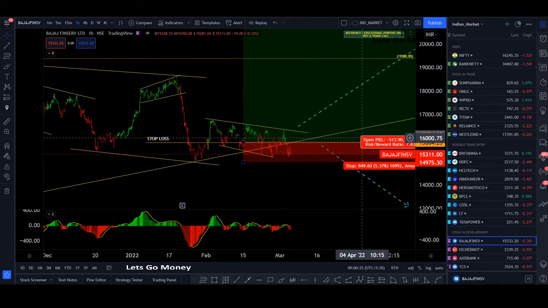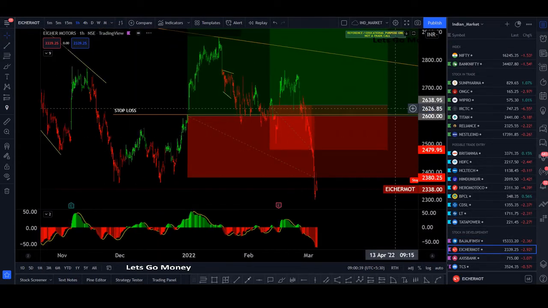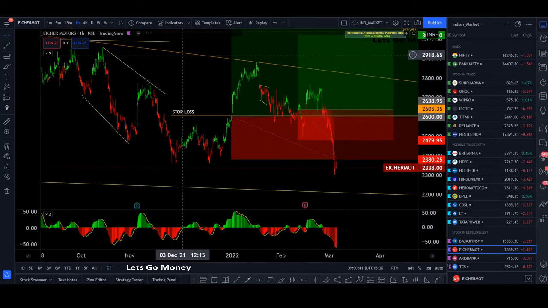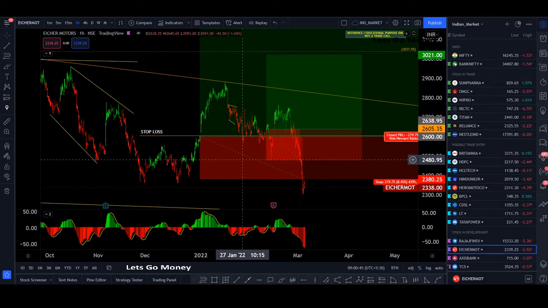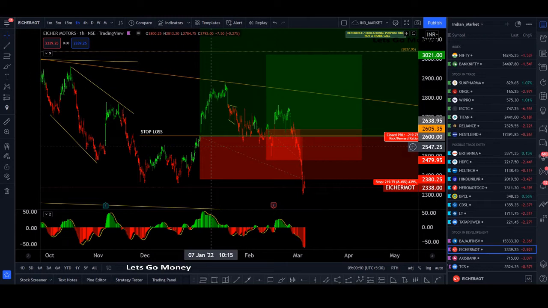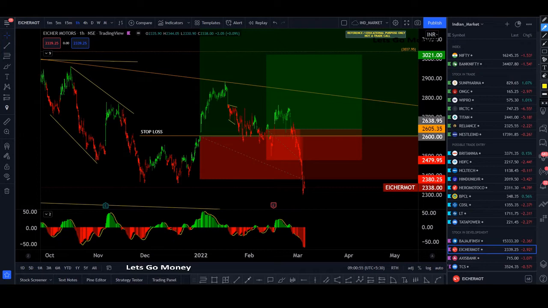So this is one trade which we closed, and then Eicher Motors is another one. A similar situation, we were in 2 trades. We moved our stop loss close to the stop loss of the previous entry because we wanted to make sure we don't lose more than 5k. After our entry, the stock came down and then went up and did a sideways move.